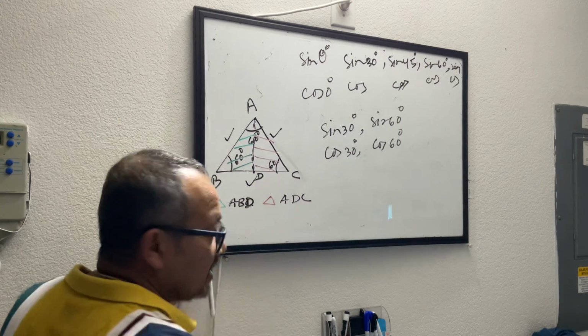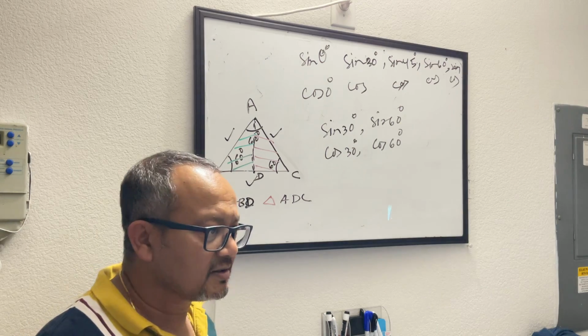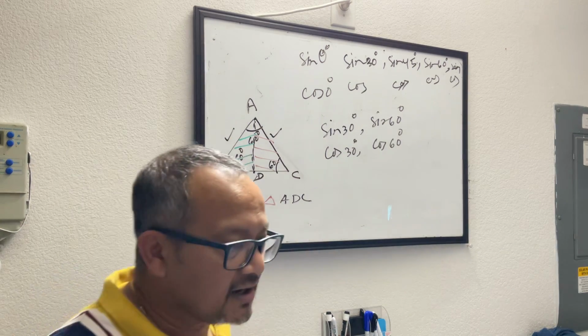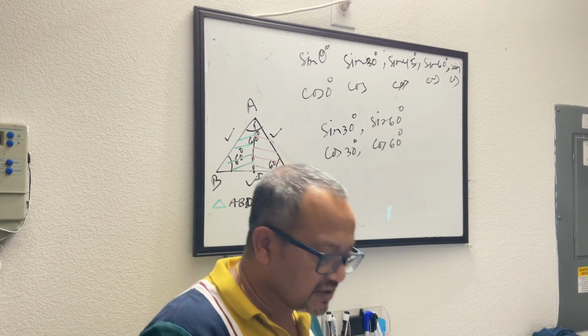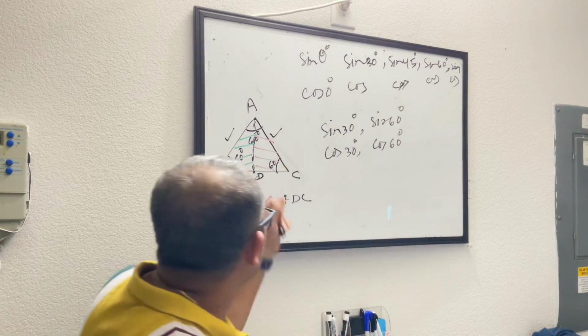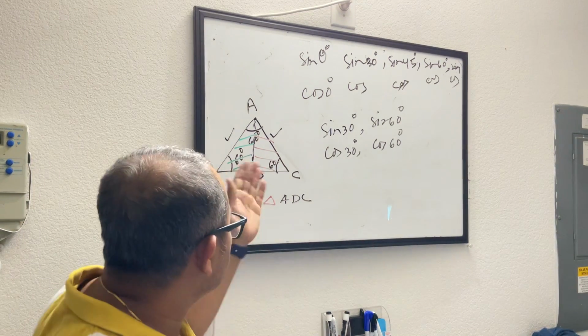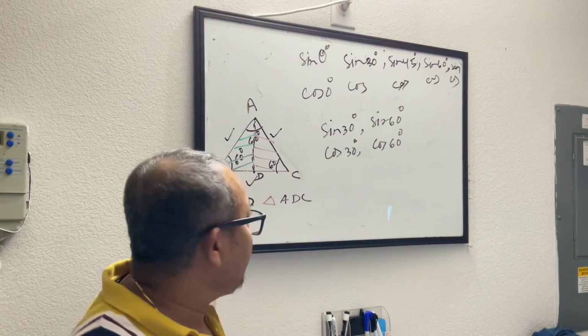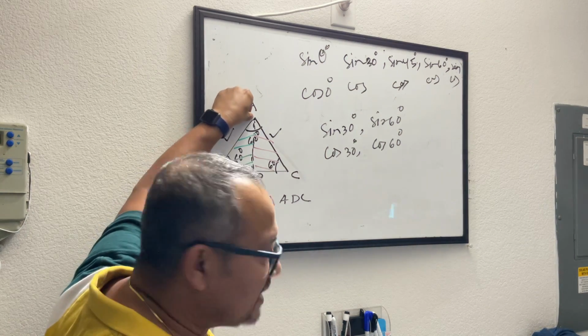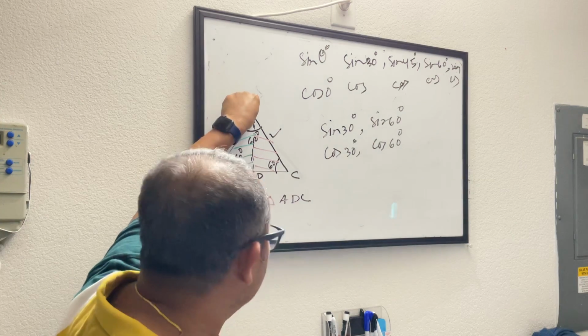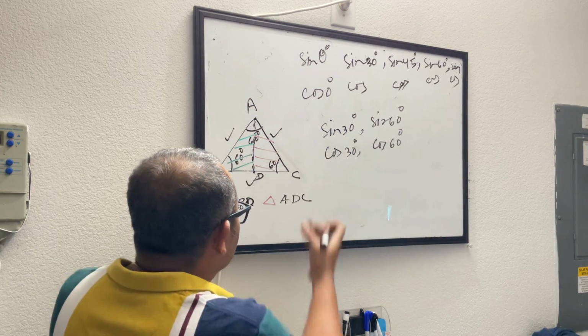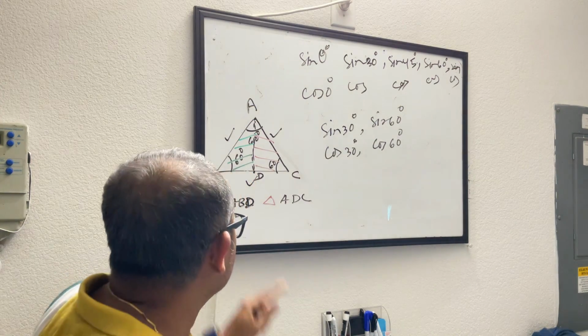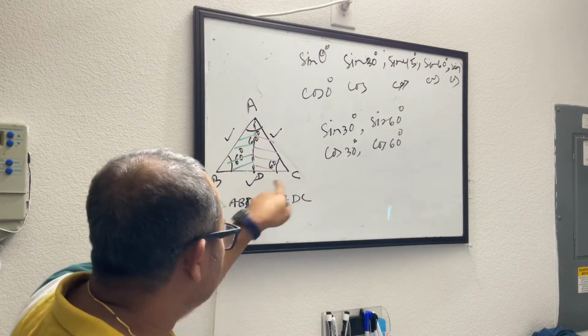ABD. So far it's okay, right? I took an equilateral triangle. Equilateral triangle means all sides are the same, and hence all the three angles are also the same, which is 60 degrees each. And that was not enough. I picked one of the vertices, and from there I dropped a perpendicular on the opposite side and split that one triangle into two triangles, ABD and ACD.